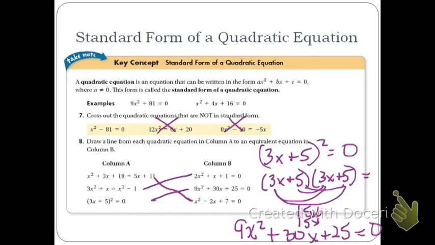As long as you have your quadratic in standard form, you can figure out the discriminant. The discriminant is a formula, b squared minus 4ac, where b is the coefficient of your x term, a is the coefficient of your x squared term, and c is your constant. The value of the discriminant tells us how many real number solutions a quadratic equation has.